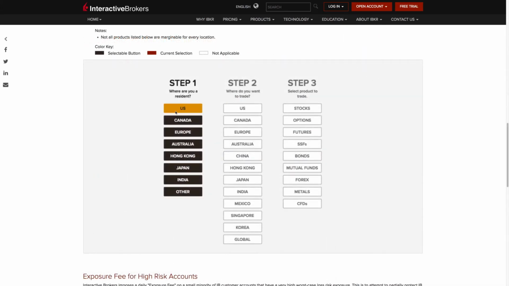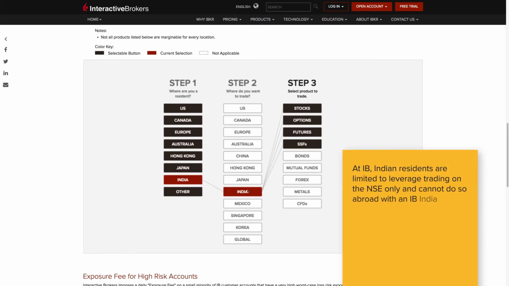Let's look at another example, this time India. If I select India as my country of residence, as required in order to place an order in an Indian security, notice that I can only select an Indian exchange. At IB, Indian residents are limited to leverage trading on the NSE only and cannot do so abroad with an IB India account. Here we also see an example of a hybrid margin system.